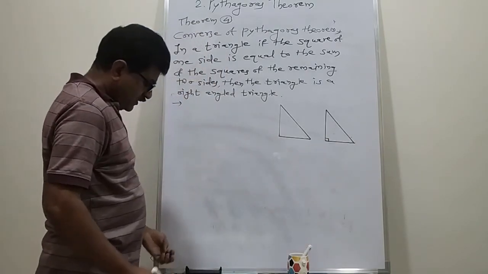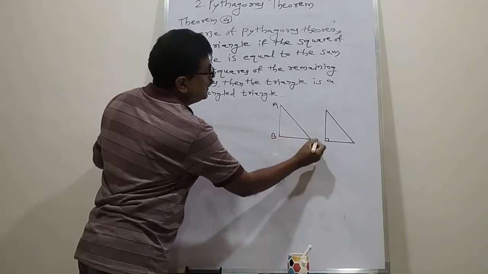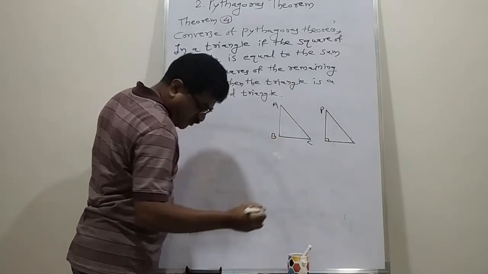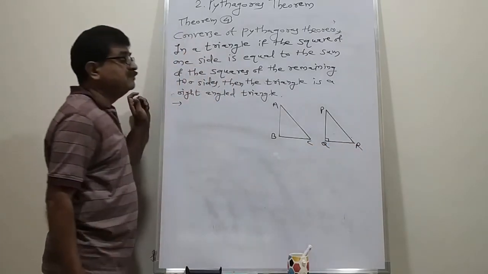Now the first triangle is the one we have given, that is ABC, and the second is PQR.